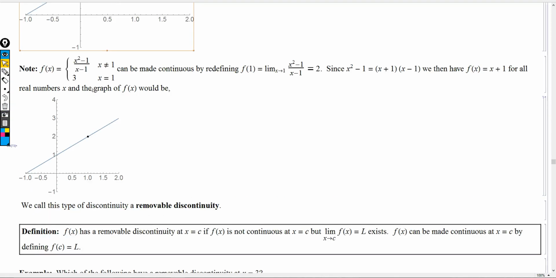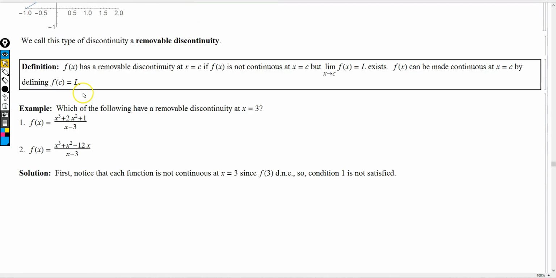All right, so here's our definition for a removable discontinuity. So we say f of x has a removable discontinuity at x equaling c if f of x is not continuous at c, but the limit does exist.